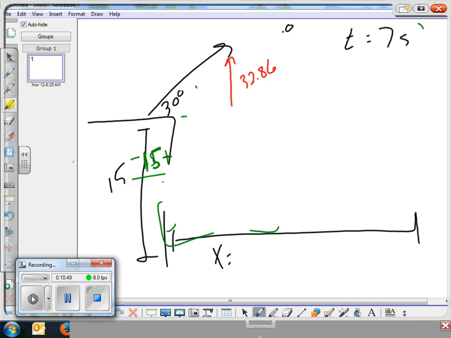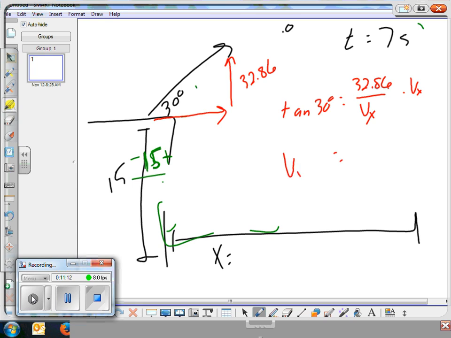Well, we should be able to now figure out what the x velocity is just because we have the triangle, right? So the tangent of 30 is equal to 32.86 over the velocity in the x direction. And in order to solve for that, we have to get that out of the denominator, right?